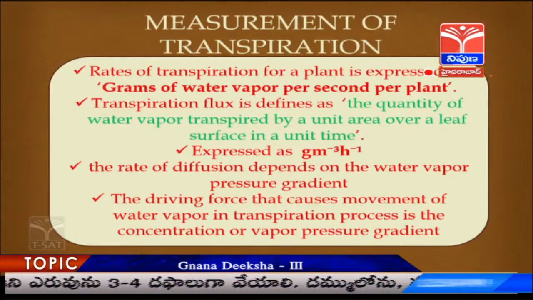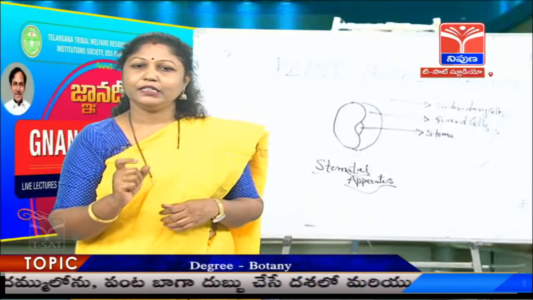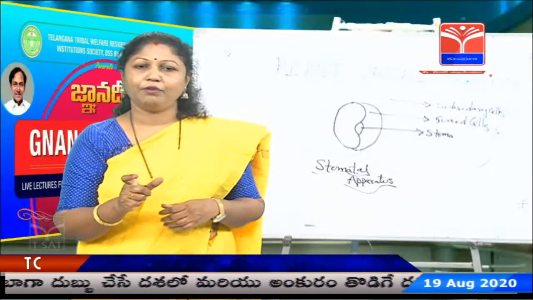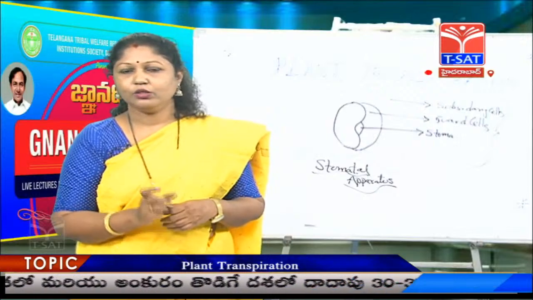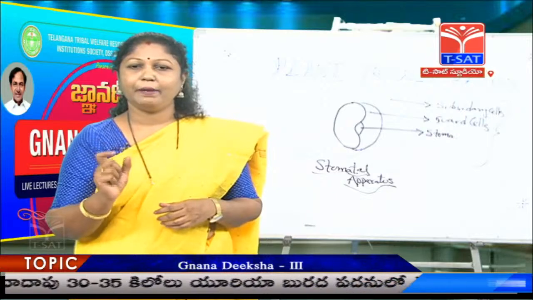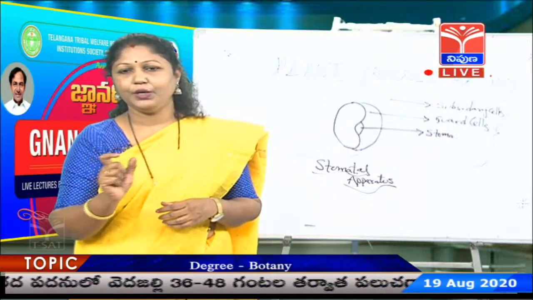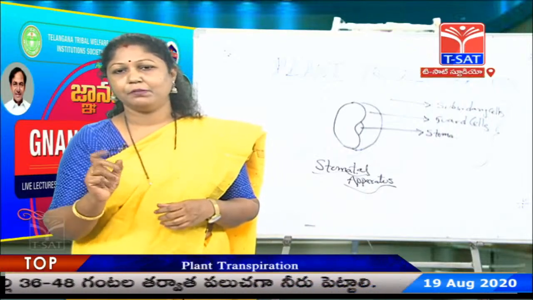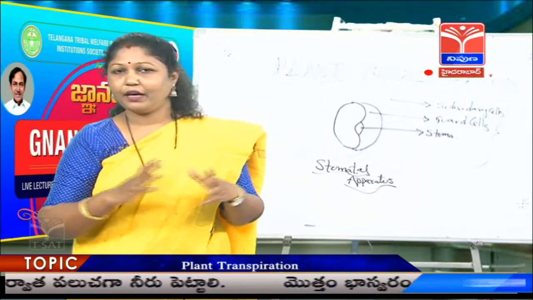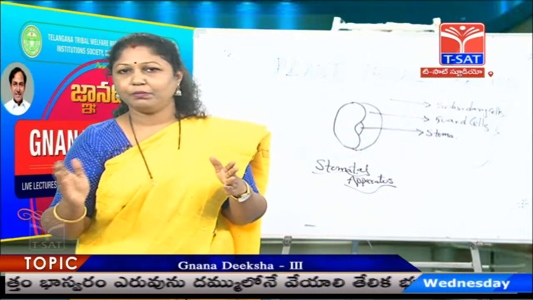If we are talking about the rate of transpiration at a leaf level, then it is defined in the form of transpiration flux. So, what is this transpiration flux? The quantity of water vapor transpired per unit area of leaf surface in unit time. It is measured in grams per hectare. If you are taking a large crop field into consideration, then we are going to take it in kilograms per hectare.